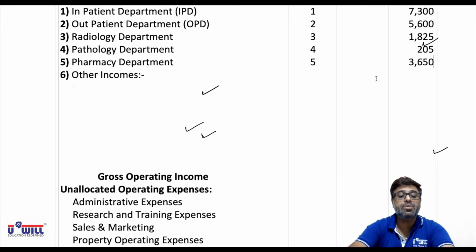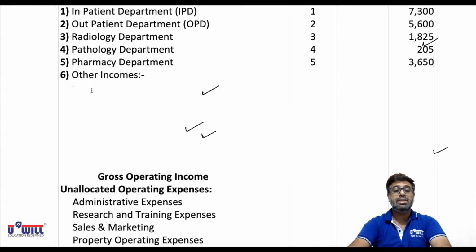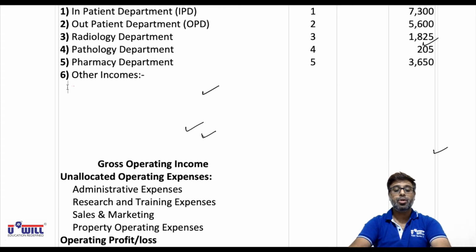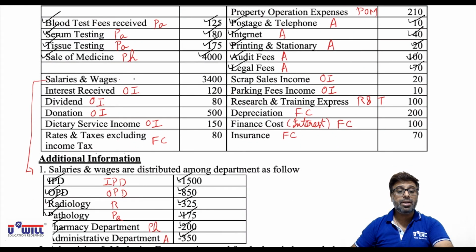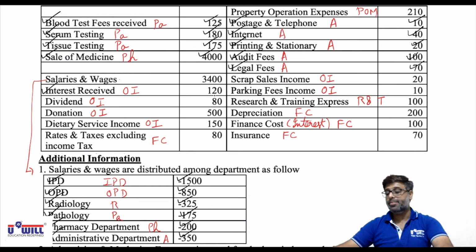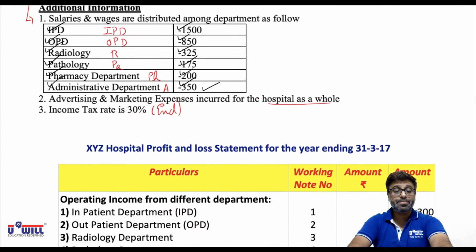Then other incomes we will directly record in the statement itself. If you look at the other incomes, the OI marked items, interest received 120. So directly in other incomes we will have interest received 120.